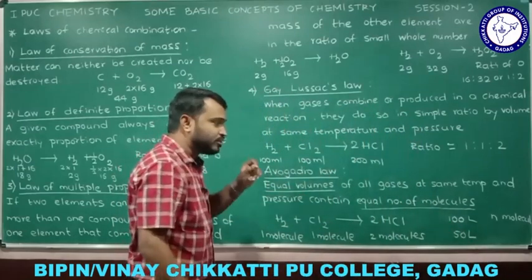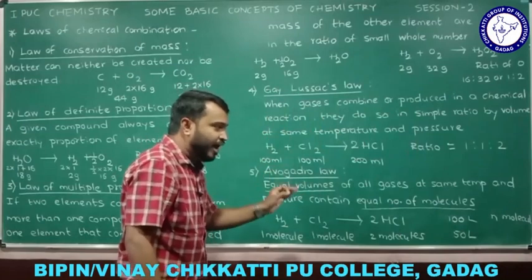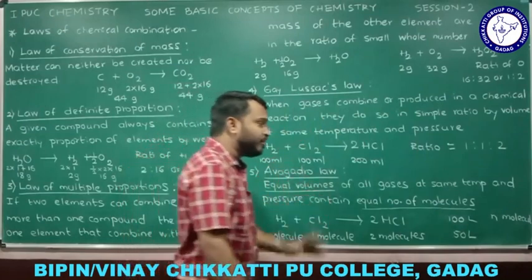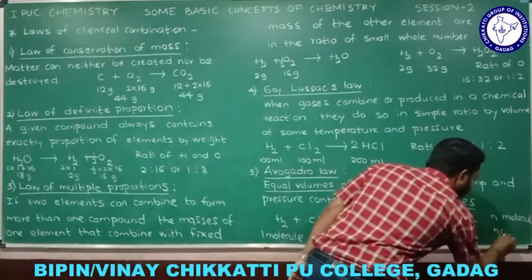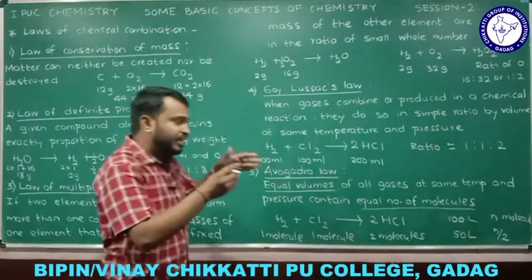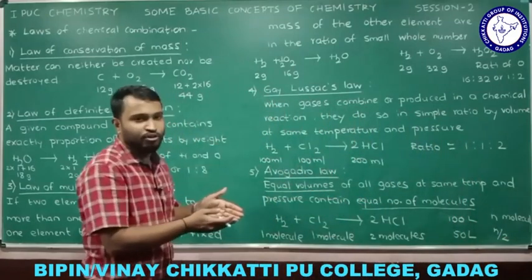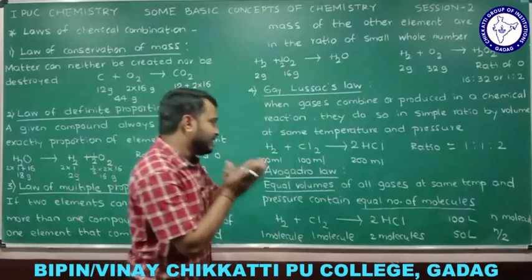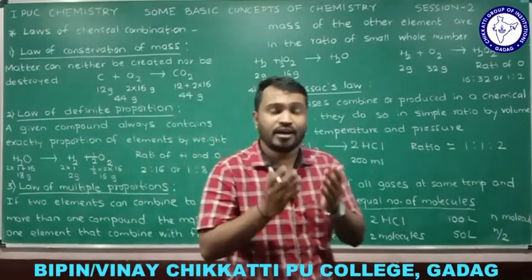Based on Avogadro's law, if the volume is reduced by half, then the number of molecules is also reduced by half. Therefore, I am going to write n by 2. Why? Because if you have equal volume, then the number of molecules will also be equal, and that is the last law, we call it Avogadro's law.